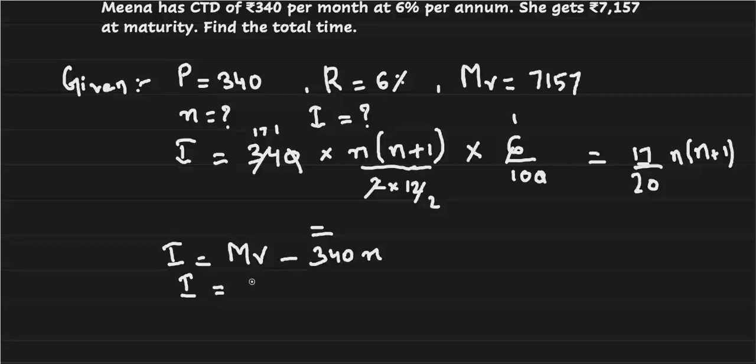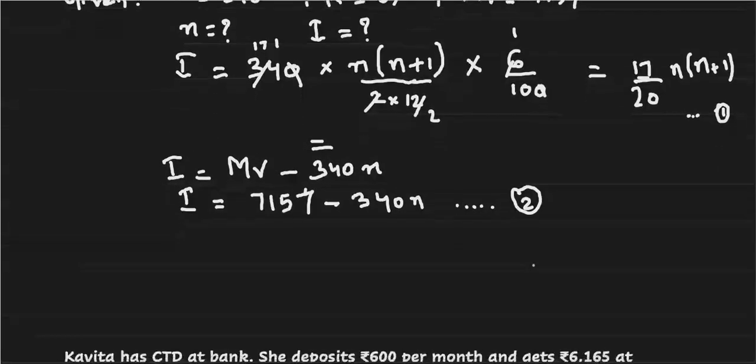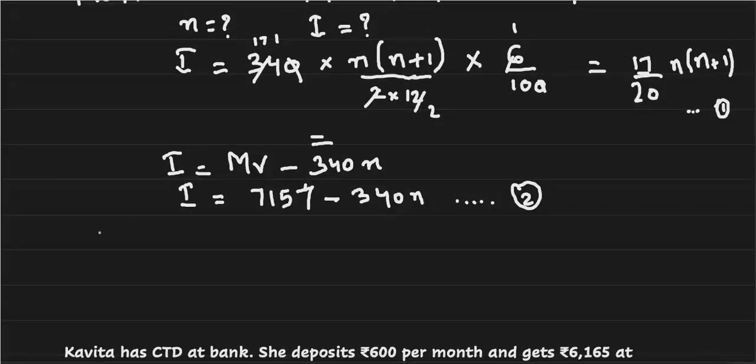So MV value 7157 minus 340n is given. Let I equal to this, take it as equation number 1, and this one let us take it as equation number 2. Since both of them are related to interest, we can equate 1 equal to 2, right?